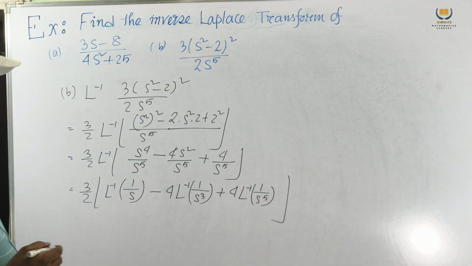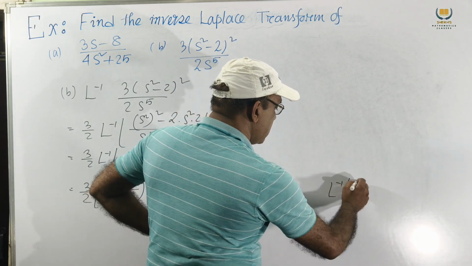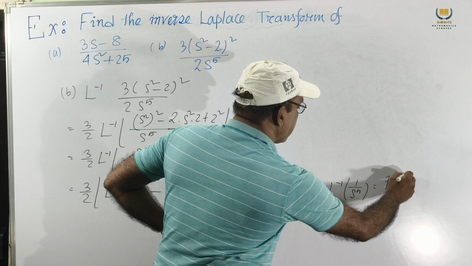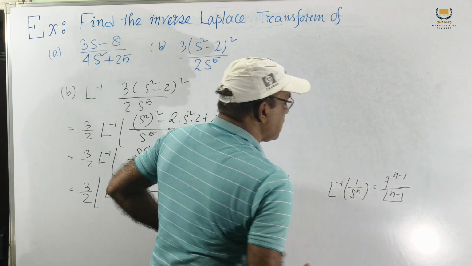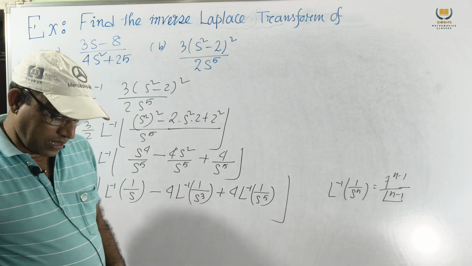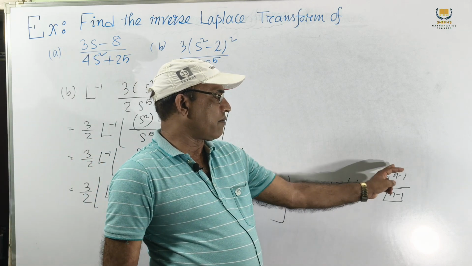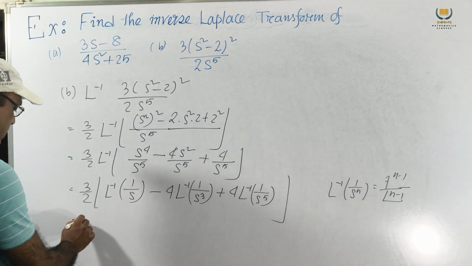But we know this formula: L inverse of 1 by s to the power n equals t to the power n minus 1 by factorial n minus 1. And this is 3 by 2.